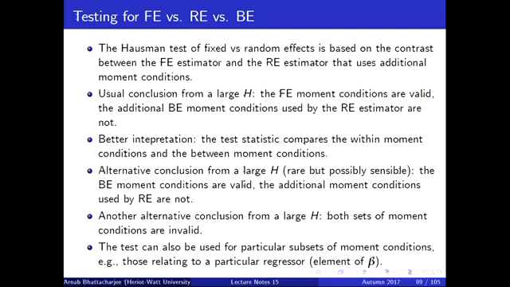Okay? So that tells you that at least one of those moment conditions is not valid. But you do not know which. Turn this the other way around. Suppose you do not reject. It tells you that either all the moment conditions are valid or all the moment conditions are wrong.